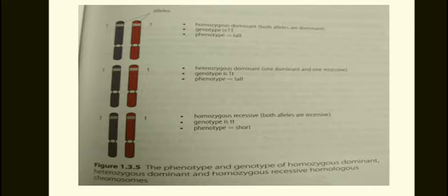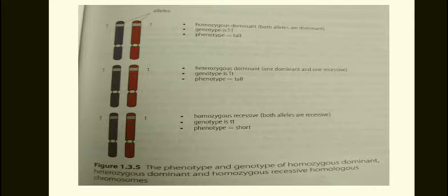The one in the middle has got one allele for tallness and another allele that is recessive. So one is dominant, another one is recessive. So one capital letter, another one small letter. So it is heterozygous dominant because the dominant allele is there. So the phenotype is also seen as a tall plant.